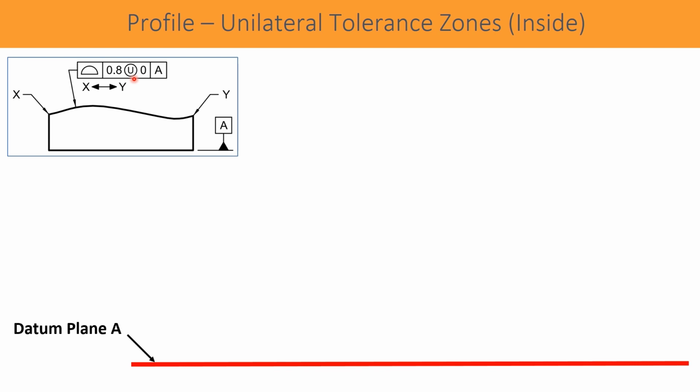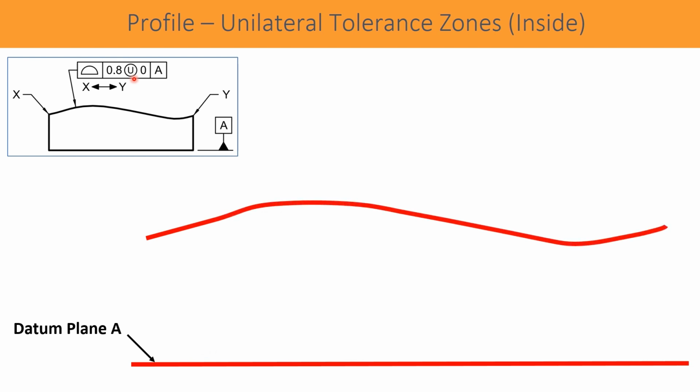This is datum plane A, and here is the nominal or true profile. Now, when we say it is unequally disposed, it means the tolerance is either on the top side or the bottom side, and the value given after this symbol indicates it. Now here the value is 0.